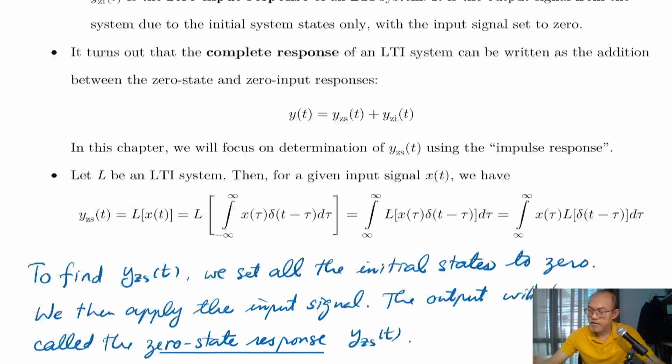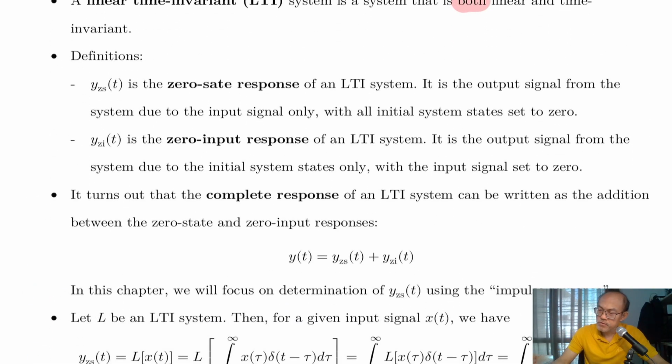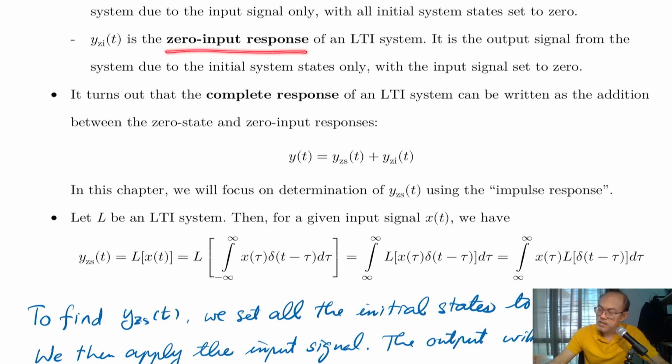All right. On the other hand, a zero input response is the output signal from the system due to the initial states only, while the input signal is set to zero. For example, in an RC circuit, if you have a residual voltage across a capacitor, even if you don't apply the input signal, you can still have output from the circuit, and that output is a result of the initial residual voltage across that capacitor.